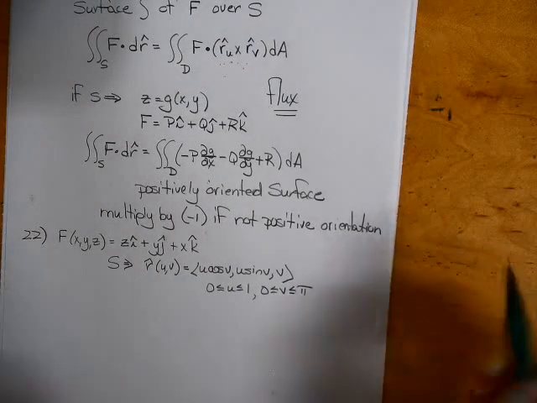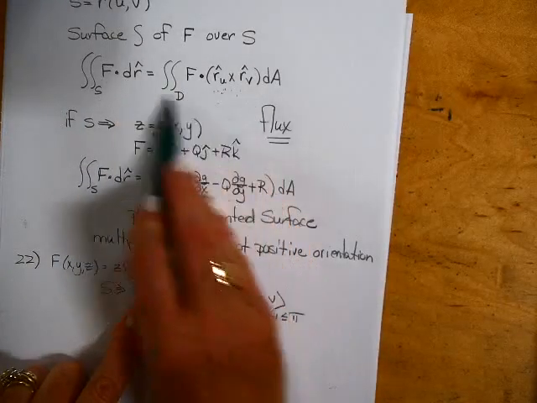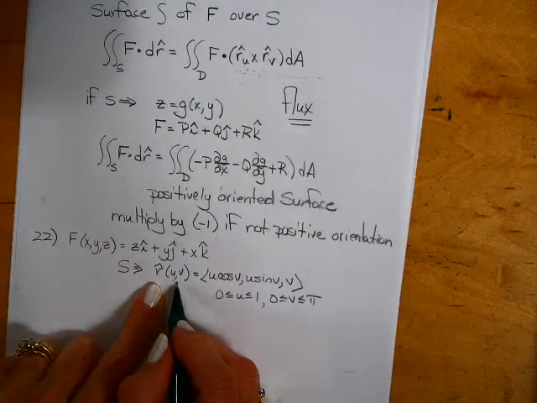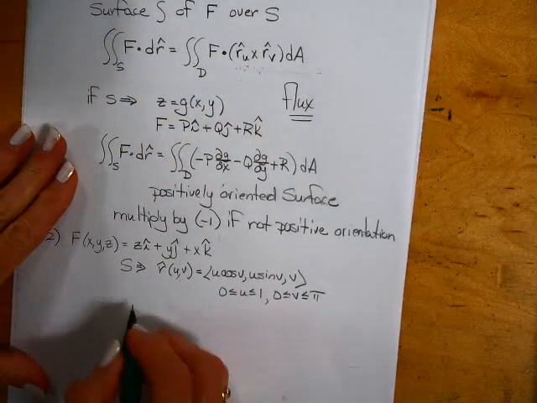Okay, since they gave me S in terms of a vector function, I'm going to go back up and use this one right here. So I need the partial with respect to u, the partial with respect to v, and then their cross product.